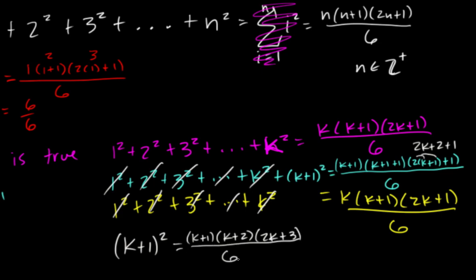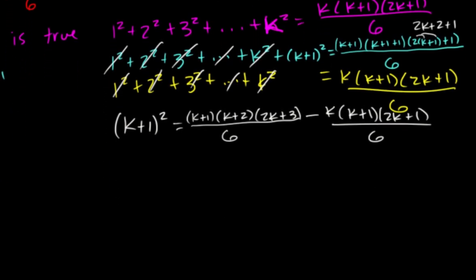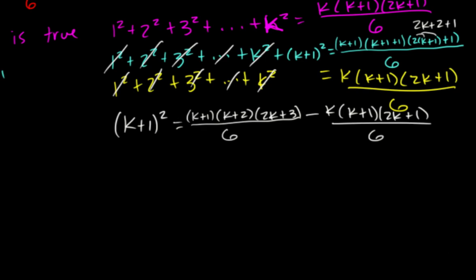That's all over 6. And then we're going to subtract k times (k plus 1) times (2k plus 1), all over 6. Okay, so if we can just prove that these are equal to each other, then we'll be done.